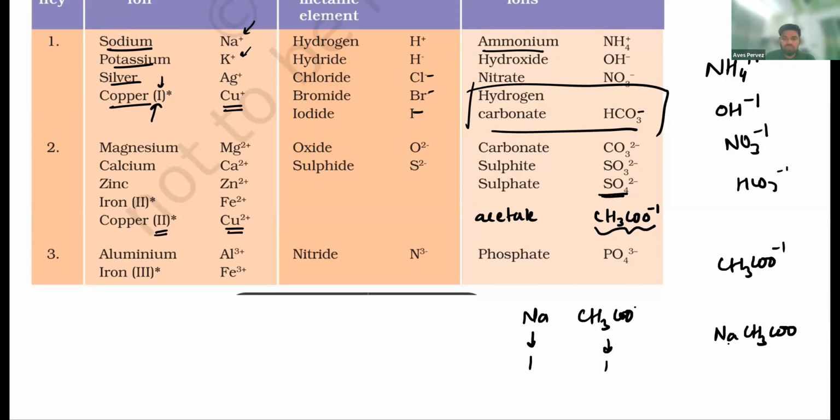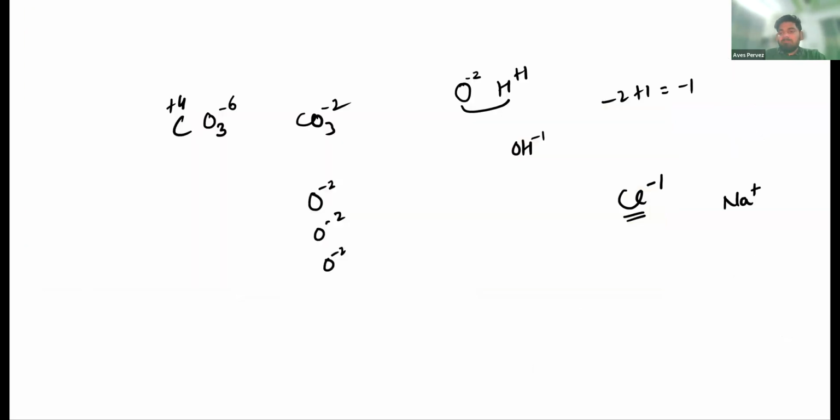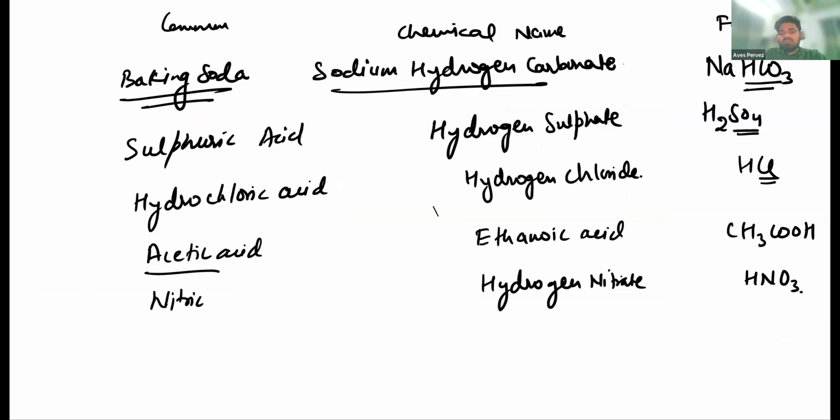So done. You have to note all this at home in your NCERT book, and there you need to note it down. So this is nitric acid. Next is phosphoric acid.